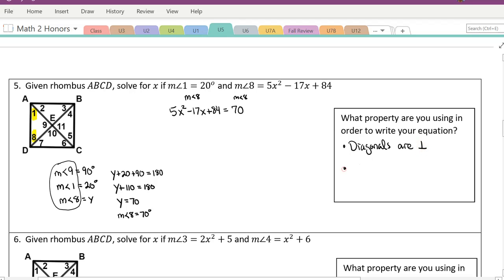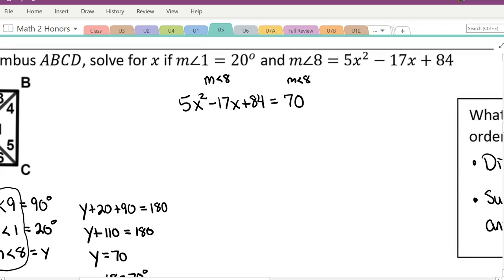And then second, we used the fact that all three angles inside of a triangle add up to 180. And together they helped us set up our equation. So now we need to solve for x.